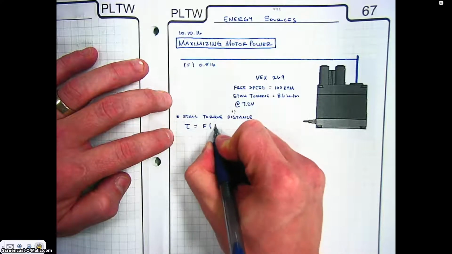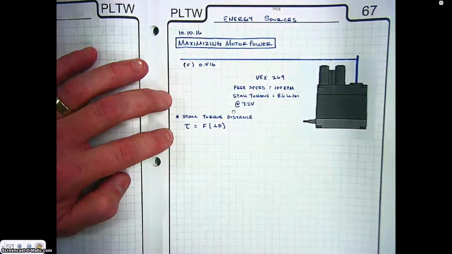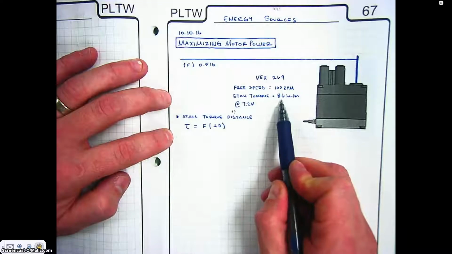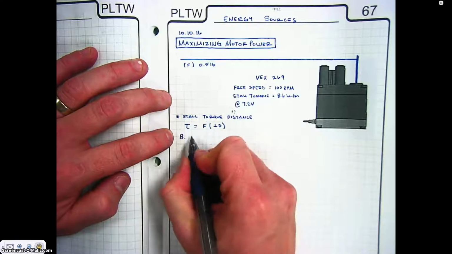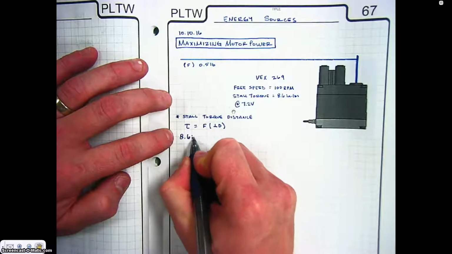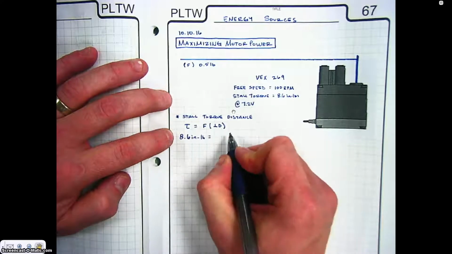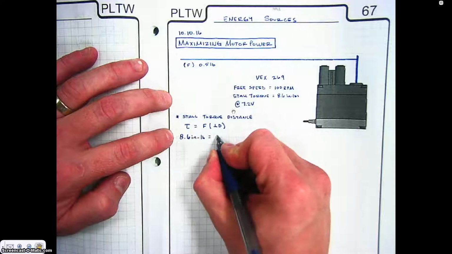And we know a few things about our motor. The stall torque of our motor from up here is 8.6 inch-pounds, so I can put that into my equation. It's going to be equal to our force, which in this case is a half pound, since we want to lift a half pound.